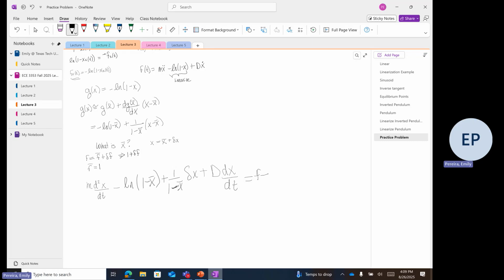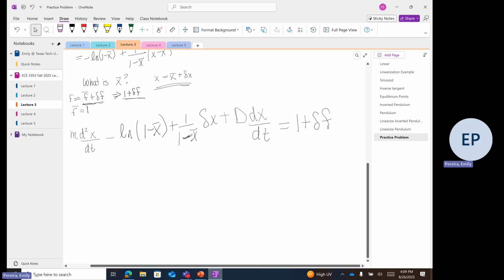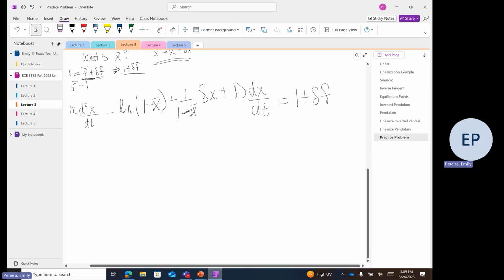And f is equal to this guy here, 1 plus small perturbations around f. Okay, so really we need to replace this x and this x with our x bar and delta x so we can solve for that delta x.